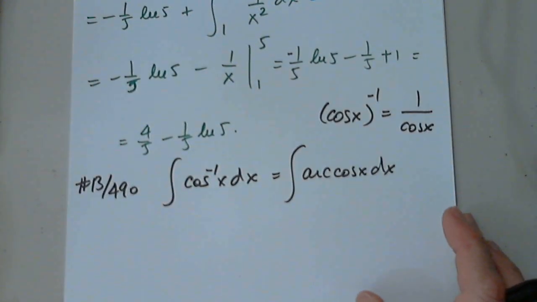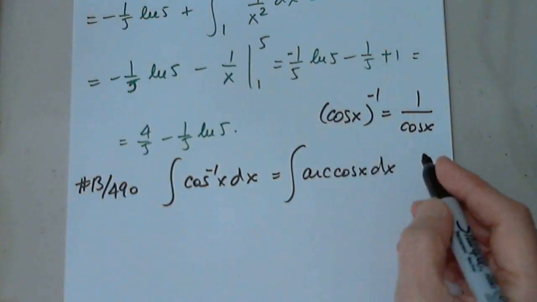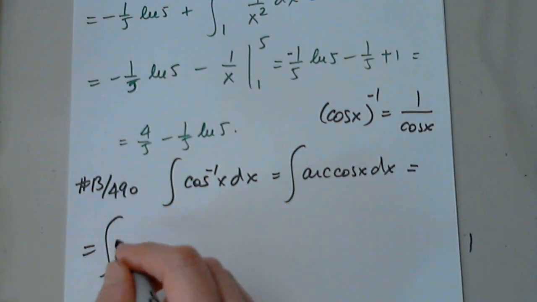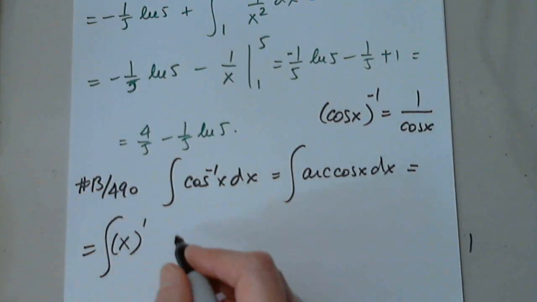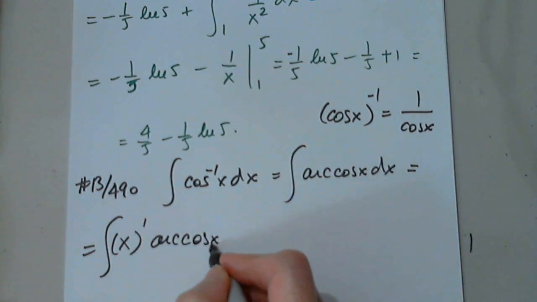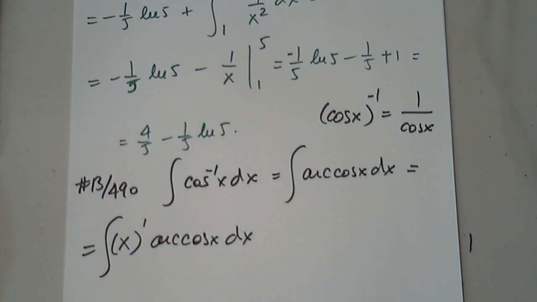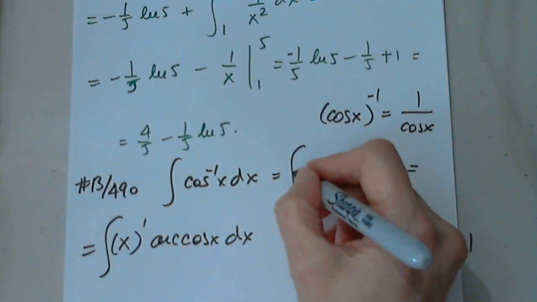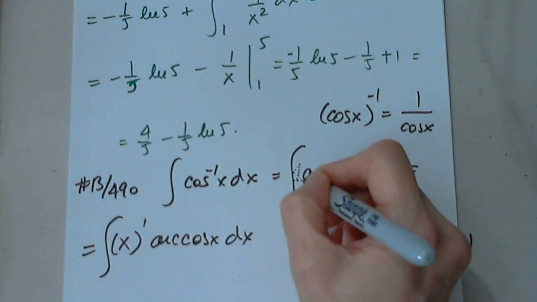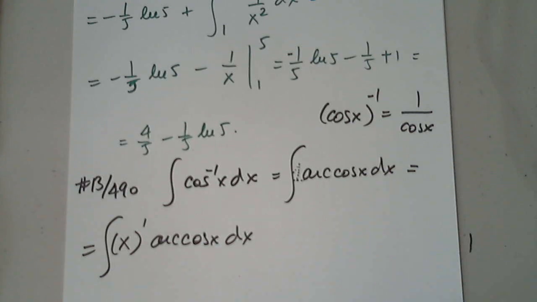Okay, so what do I do now? I only have one function. Not really. Look at this. I have two functions now because x prime is 1. So back to the formula. I have f prime g. This is f prime, and this is g.